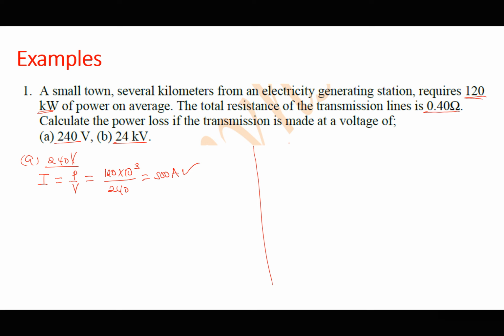On the other side, this is 24,000 volts. If we transmit the same power, 120 kilowatts, at a voltage of 24,000 volts, what current flows? The current is I equals P over V, which is 120 times 10 to the power of 3 divided by 24,000.